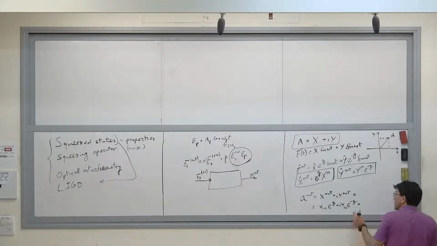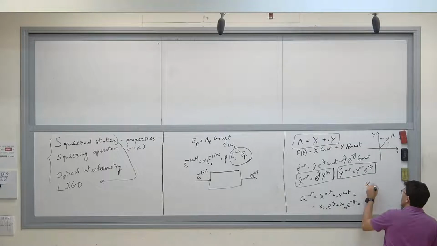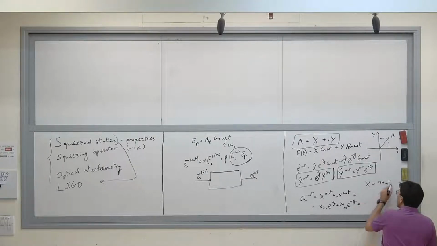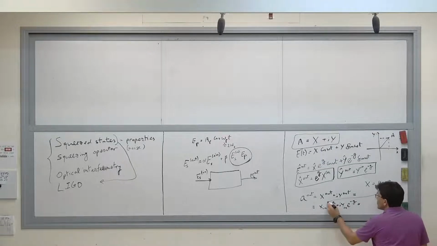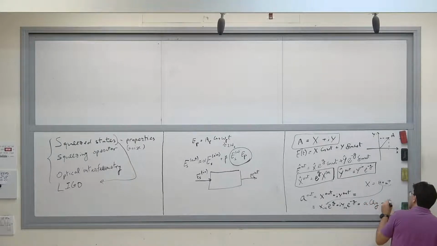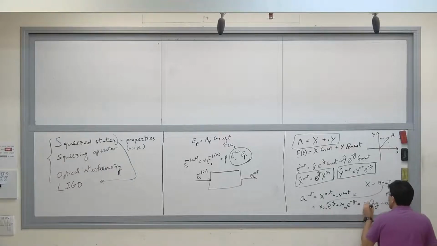This is what we did last time. And if we remember that x equals a plus a dagger, maybe divided by 2, then what we will have is a times hyperbolic cosine g plus a dagger hyperbolic sine g. That's the input, so in.